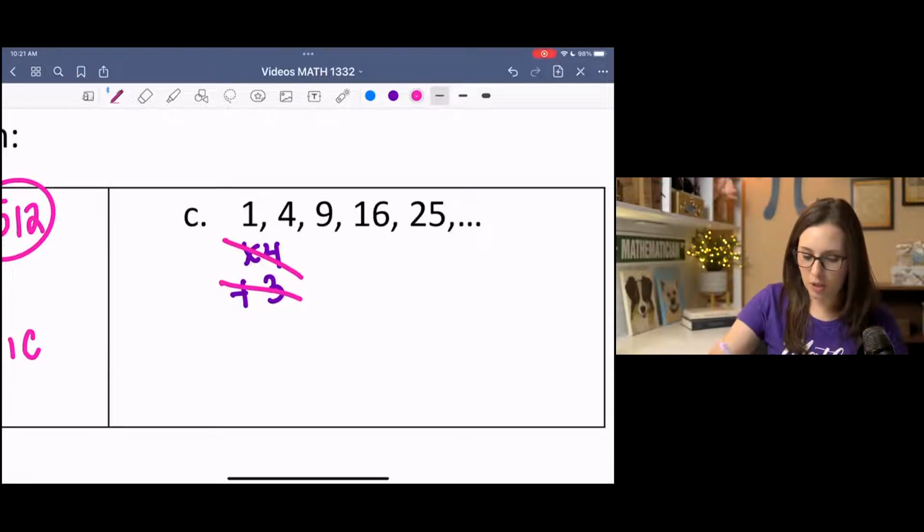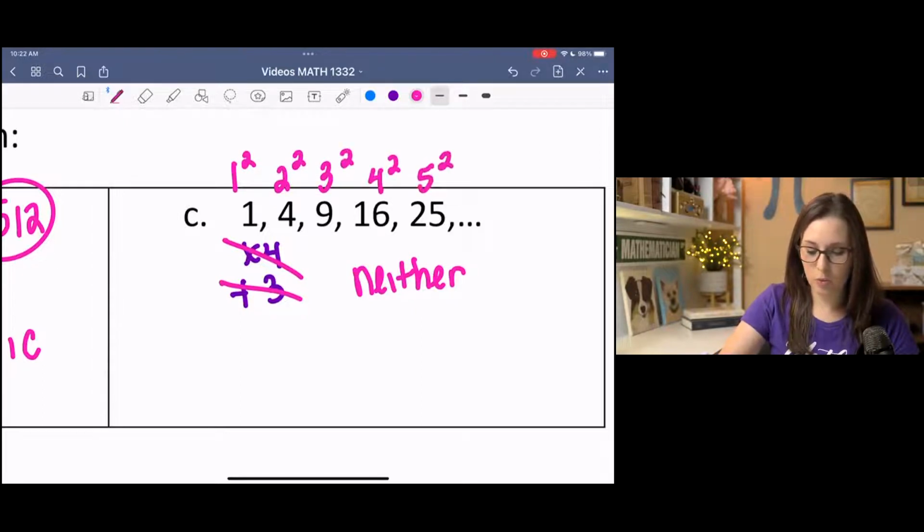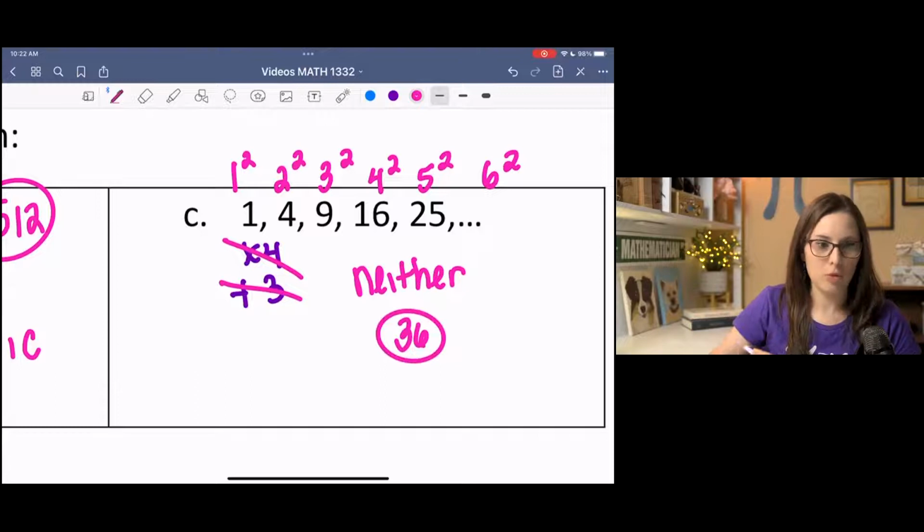So this would be neither. And we could find the pattern and state the next number: 1 squared is 1, 2 squared is 4, 3 squared, 4 squared, 5 squared, which means that the next number is 6 squared. So that's how you would do that.